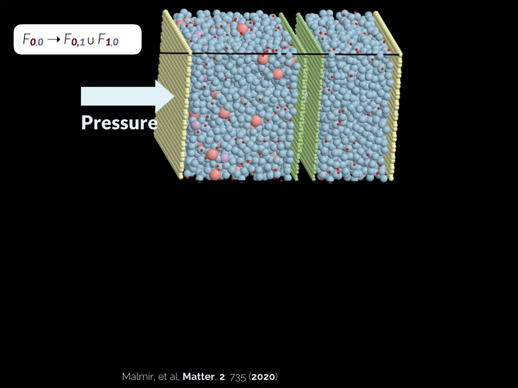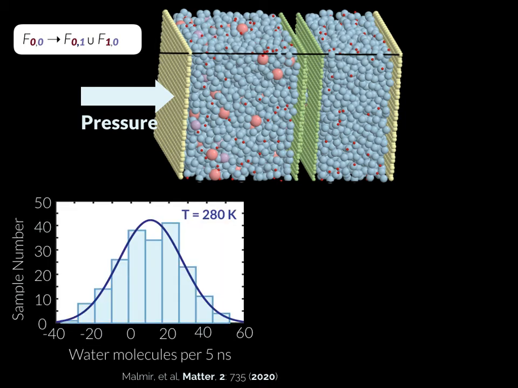So first of all, I want to emphasize that during the basin exploration stage of this calculation, we can get really accurate information about the transport of water molecules. So here I'm showing the histogram of the number of water molecules that pass the membrane over 5 nanosecond windows within these basin exploration simulations.